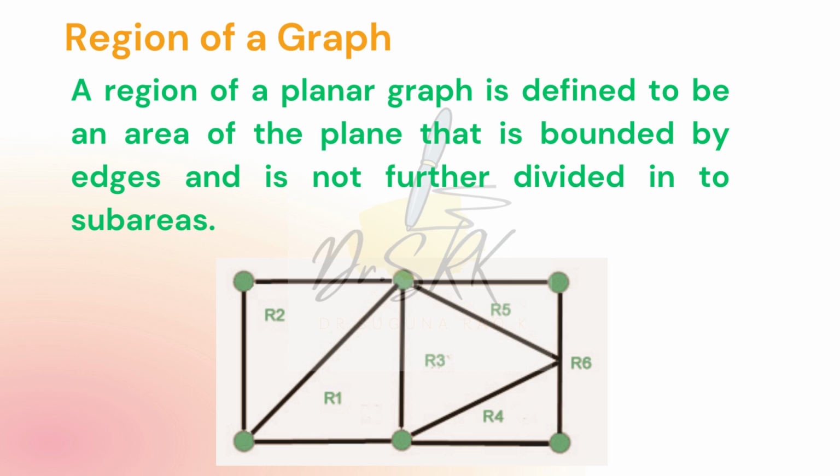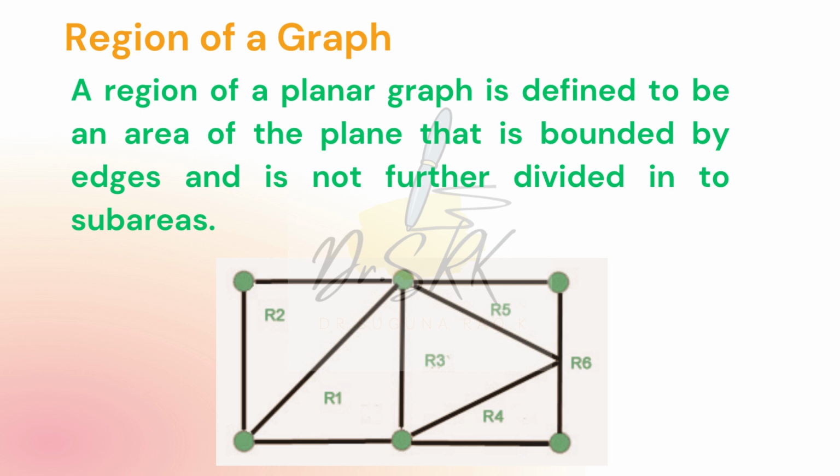That's why here R2 is a region bounded by three edges. And look at the region R1. It is also bounded by three edges and it is not further divided into sub areas. Like that, R5, R3, R4.